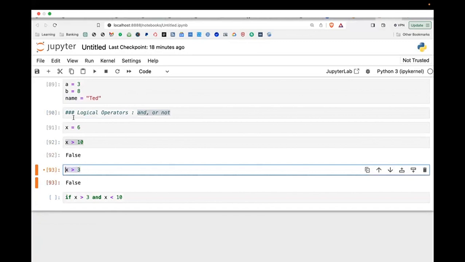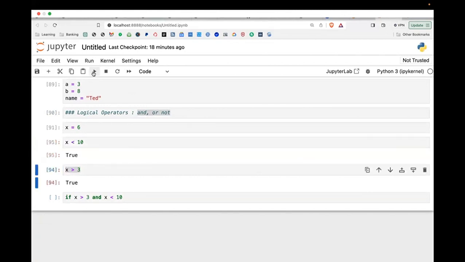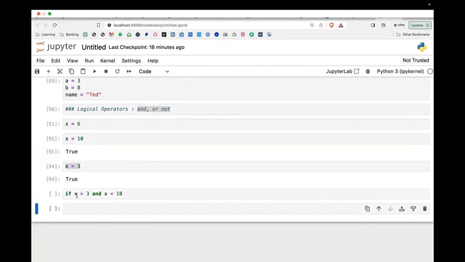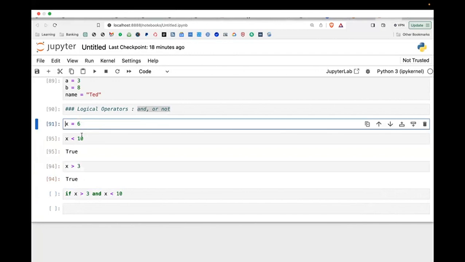X is greater than 3 is true, and X is less than 10 is also true right now. Both are true. When I do the AND, there are some binary conditions which we need to remember.